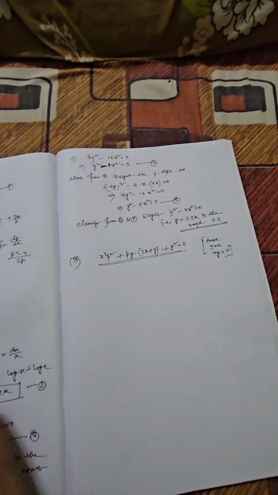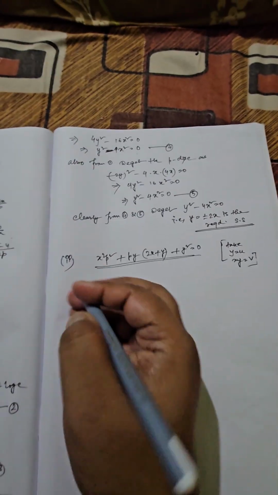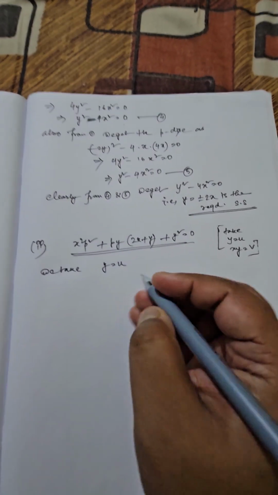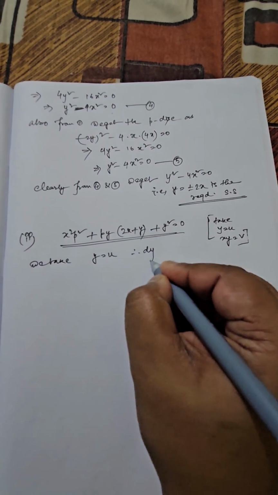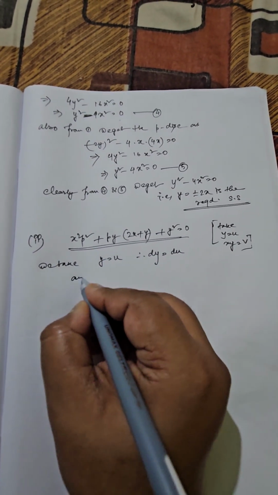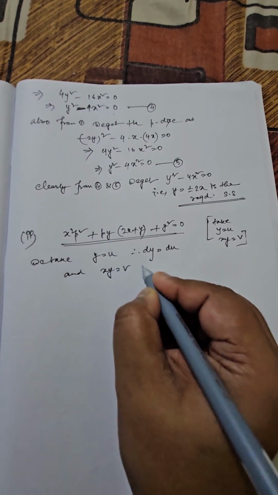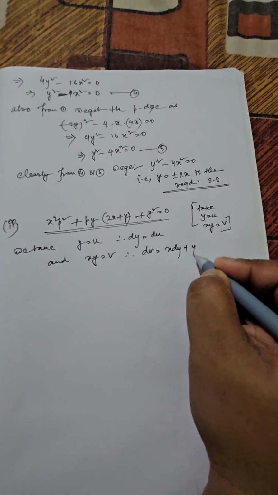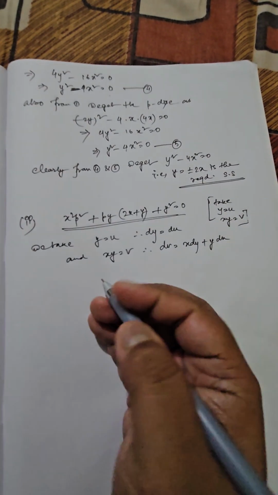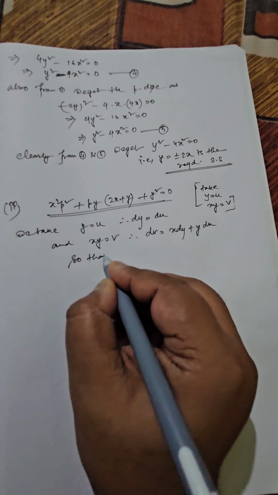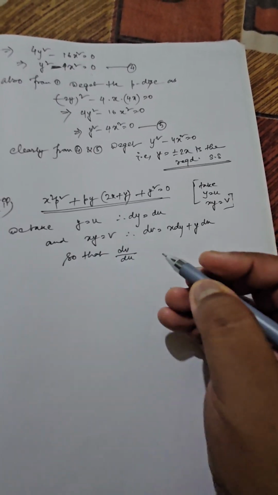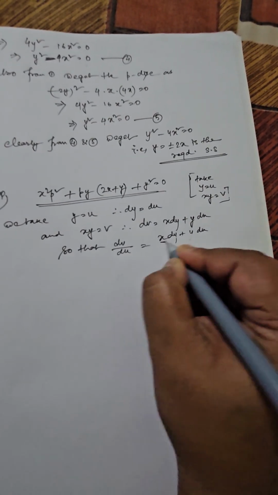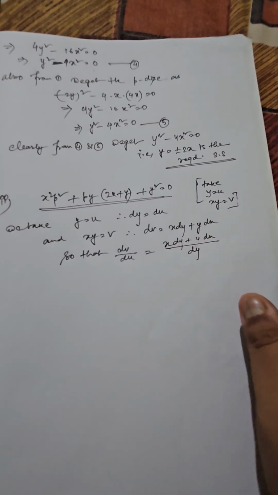So first of all let us consider y is equal to u. That means dy should be equal to du, and xy equals v, so that you can say dv is x dy plus y dx, so that dv by du you can write in this fashion, that will be x dy plus y dx by dy.